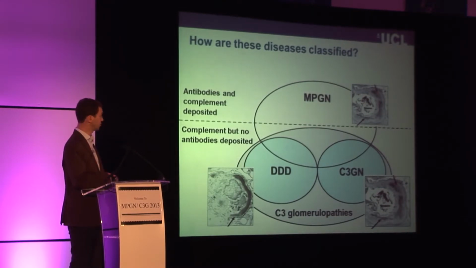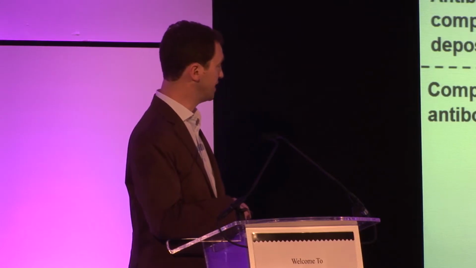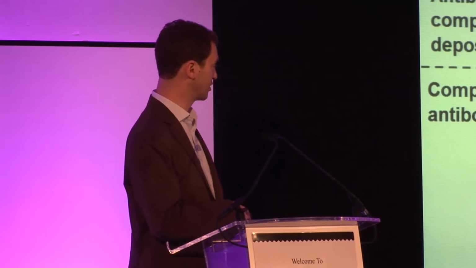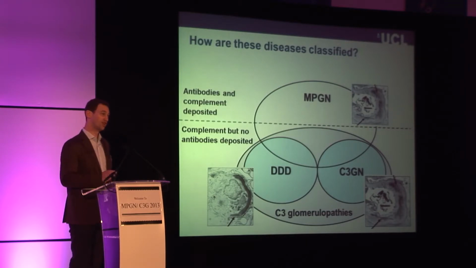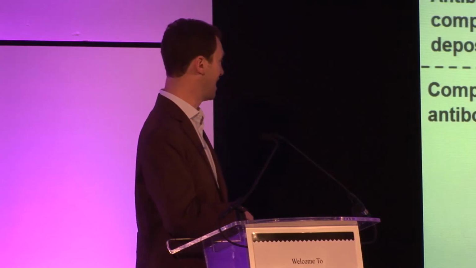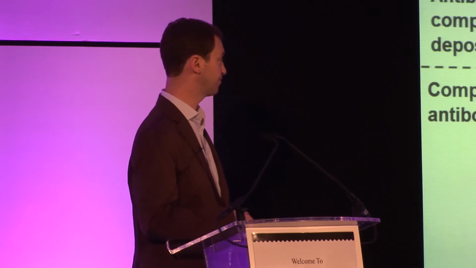So the light microscopy appears similar, but the electron microscopy is how we distinguish them. If you have just got electron microscopy and you see this dense transformation of the basement membrane, you can make the diagnosis of dense deposit disease, and you very seldom see significant antibody deposition in patients with dense deposit disease. You can't ever say never, but really it would be extremely unlikely.